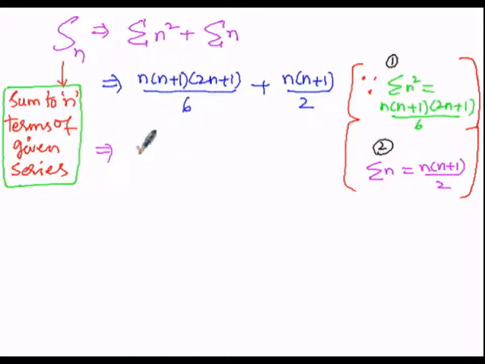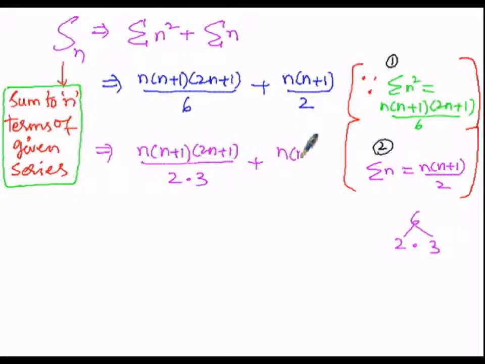Then now that implies n into n plus 1 into 2n plus 1 overall divided by 6 can be treated as 2 into 3. So here instead of 6 I am going to write it as 2 into 3, plus n into n plus 1 overall divided by 2 with its coefficient as 1.